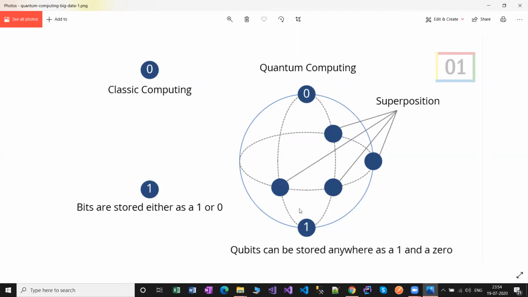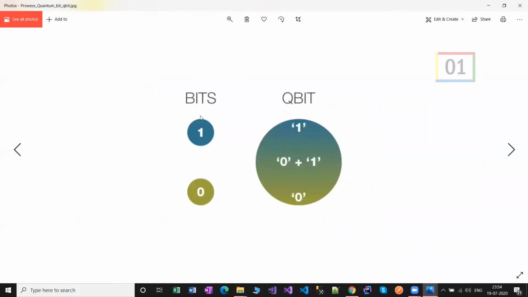The quantum computers are not going to replace the classical computers. So this is the example of bits and the qubit. Quantum computing uses the unit called a qubit, short for quantum bit. For example, for classical computers, a 2 times n formula applies for the bits.